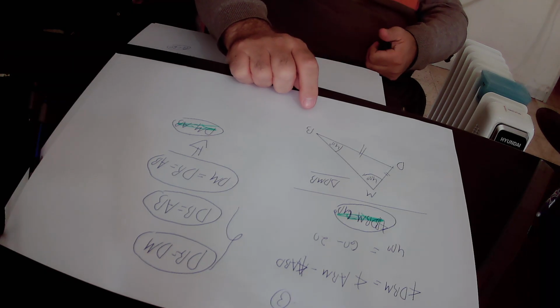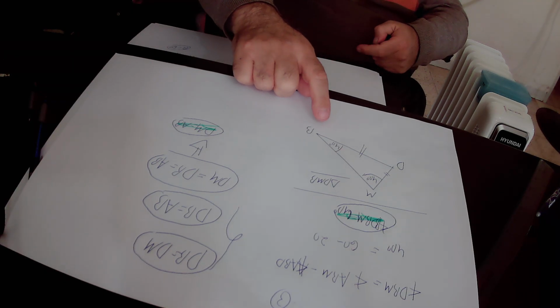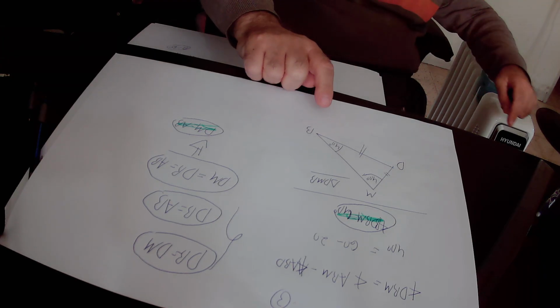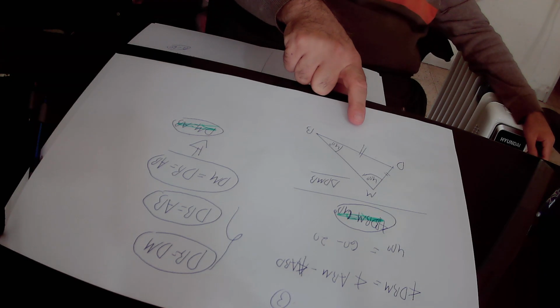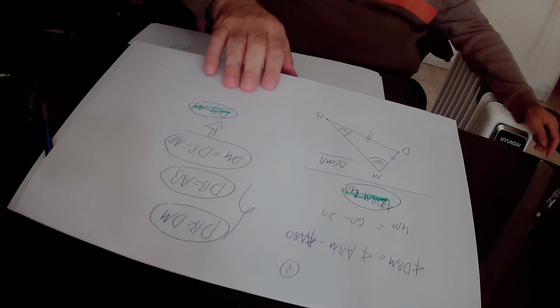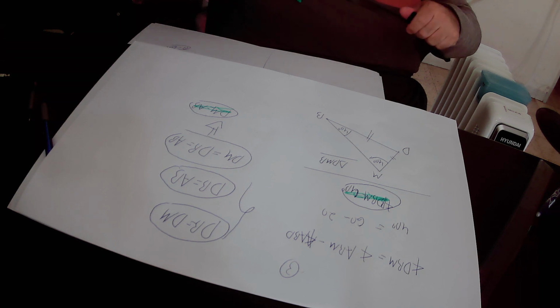Again, we have the same rule that in front of equal angles in the triangle, there are equal sides. That is to say, DB equals MD.